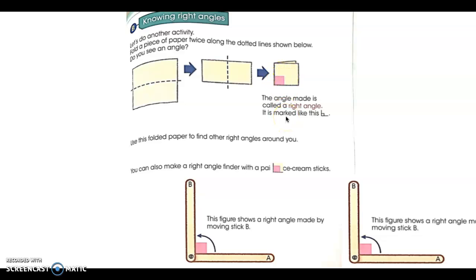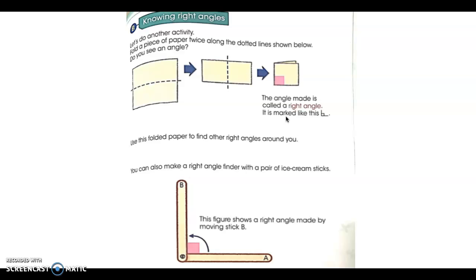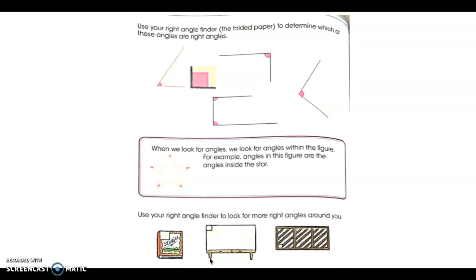Now this we can even make with ice cream sticks, a right angle, if we nail them in such a way that we can form a perfect square in between the two ice cream sticks. Now we can say that's our 90-degree checker.